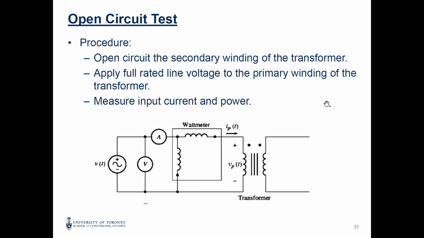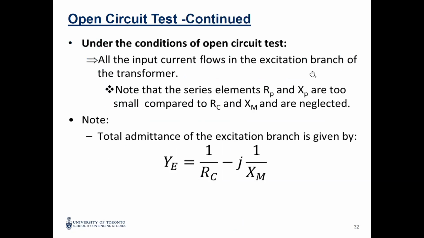When you get the RC and XM, make sure you include this one at the low voltage, okay? Because we will get R equivalent and X equivalent. If, let's say, the R equivalent and X equivalent are at the high voltage, now you cannot include the circuit altogether without referring one of them to the other.